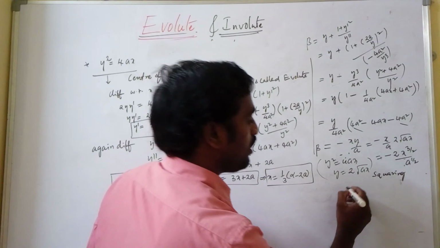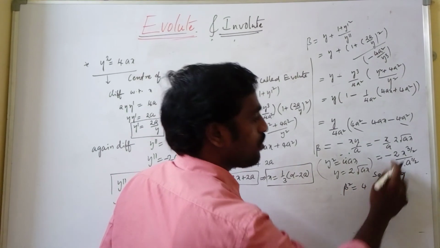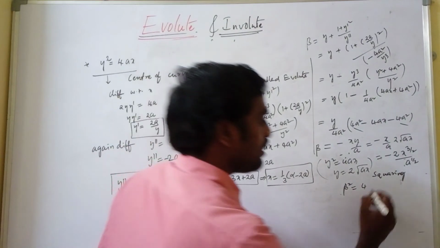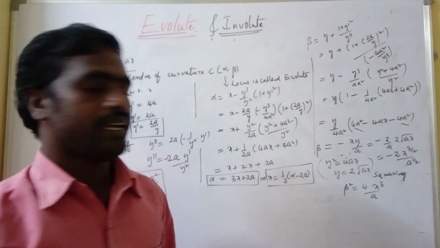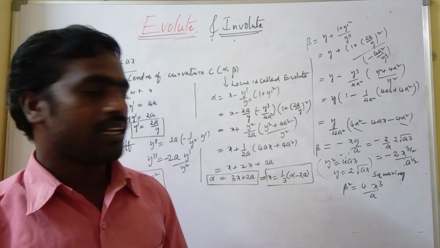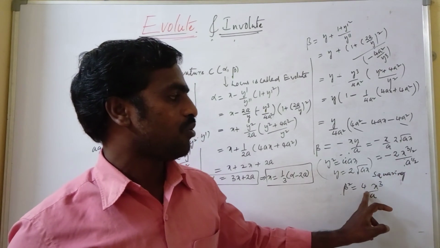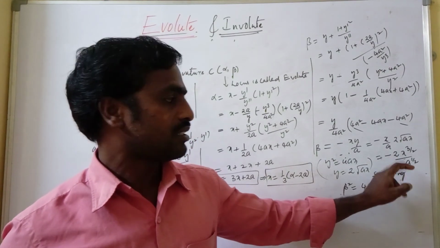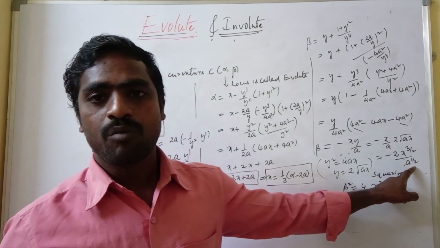After squaring, beta square equal to 4, next x power 3 by a. So power 1 by 2 will be cancelled, root will be cancelled. The remaining is 2 power 2, that is 4; minus power 2 is plus; x power 3 is x power 3; a power 1 by 2 and power 2 will be cancelled.